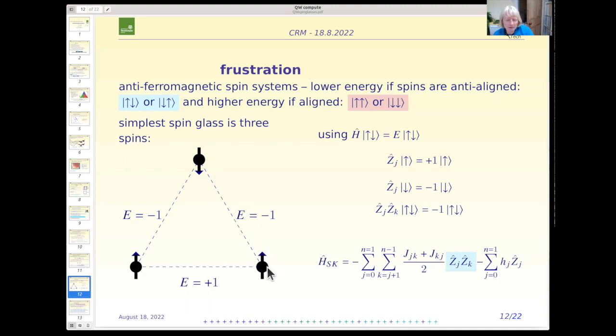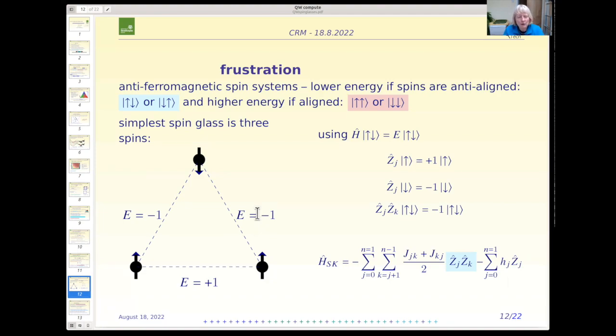So we have weights at the vertices and weights on the edges that are given by our Gaussian random variables. And these can be signed, plus or minus 1. So it can invert the frustration relationship for particular vertices or interactions.